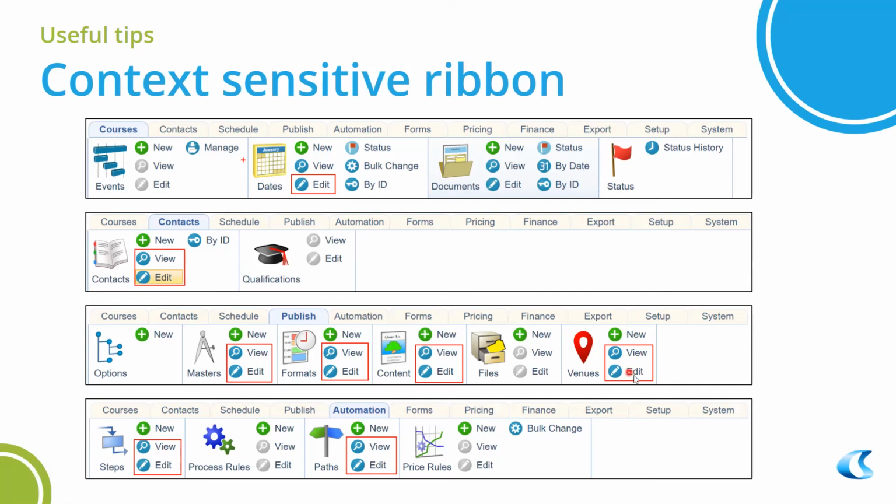And I can edit the venue as well, because when you're linked to a document, that document's an enrollment into a particular course. So we know the venue, we know the format that's been applied, all those things. So it's a really quick way of moving around. And then finally down here, we can even go and have a look at a particular path, and we can have a look at a particular step as well, which is pretty handy. So this is just a way of navigating around course sales nice and quickly.